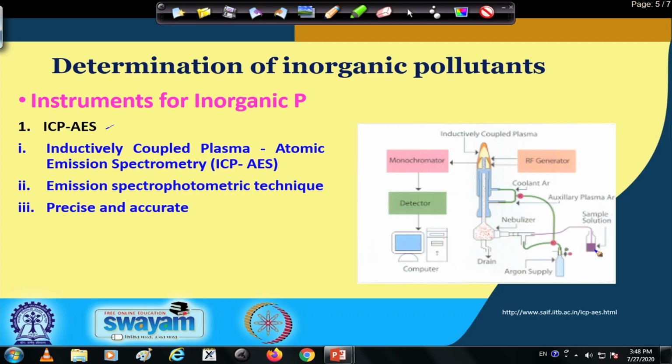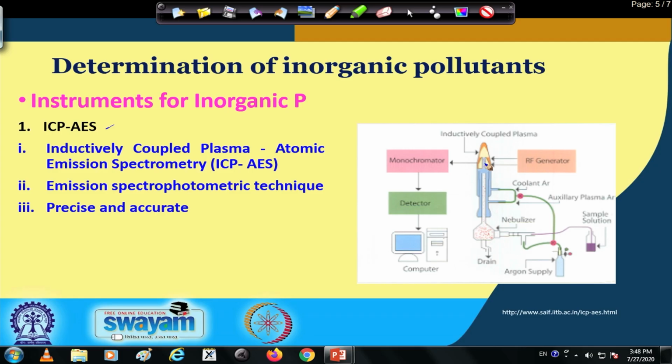So, there is a sample solution, as you can see we are injecting the sample solution here, and there is a nebulizer which helps in introducing the sample into the plasma torch, and in this plasma torch, to generate the plasma, the argon is supplied, and as a result there is plasma formation.